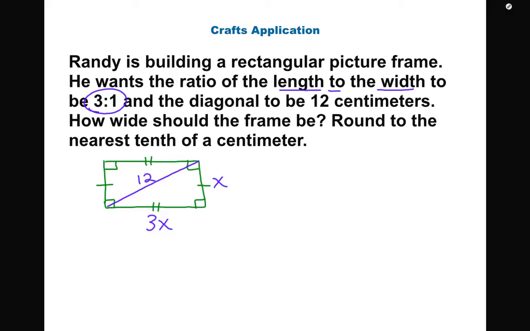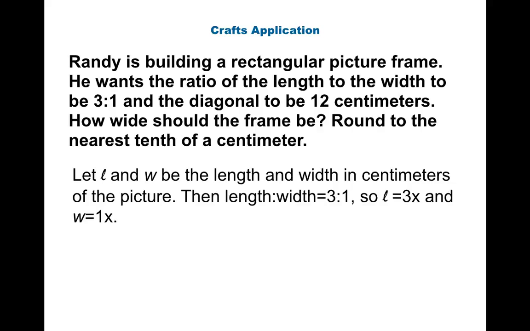If I get rid of part of the picture, do you see the right triangle? So this is just simply another Pythagorean theorem problem. We have to do our calculations correct. I think my picture is going to disappear, so make sure you write it down if you haven't got it yet. Directions do say round to the nearest tenth, so we don't need to worry about radicals in this problem.